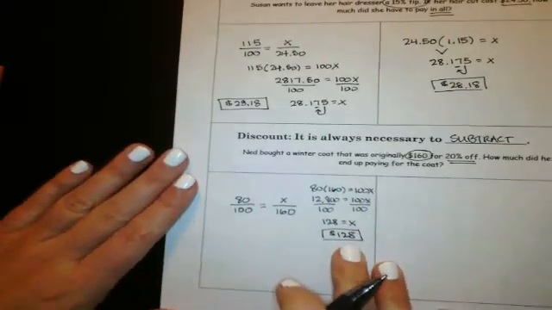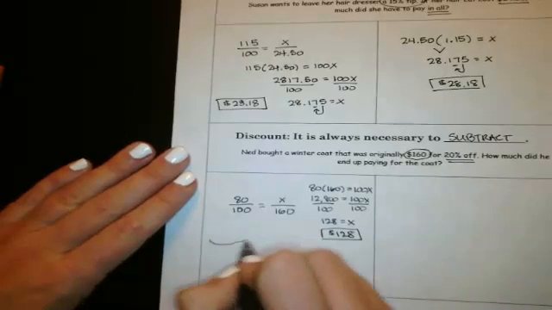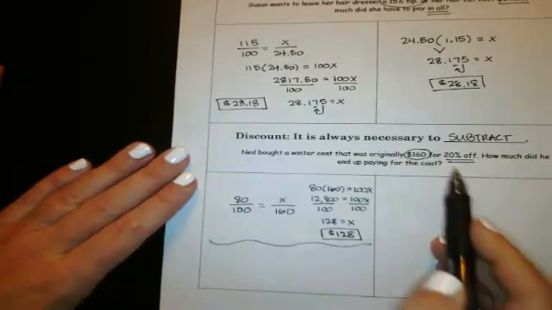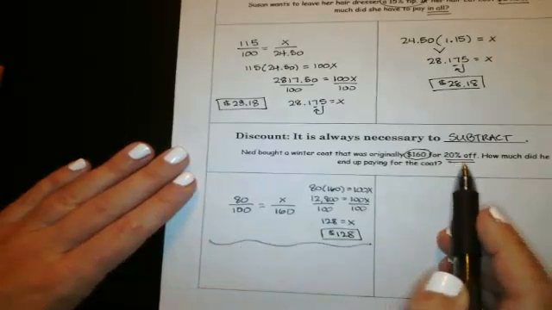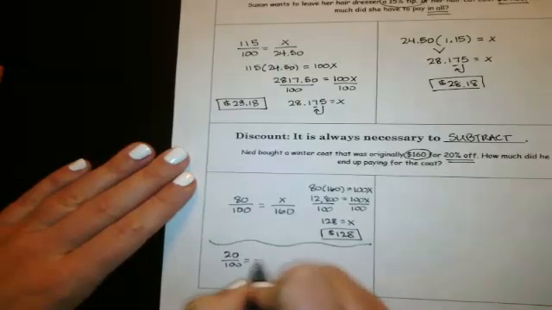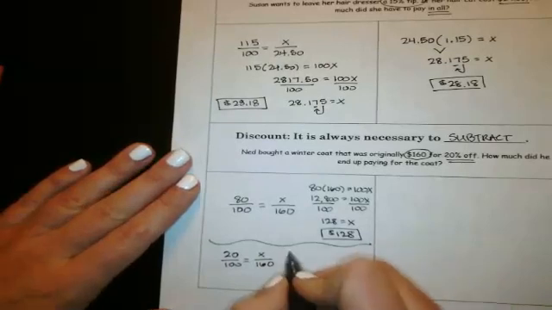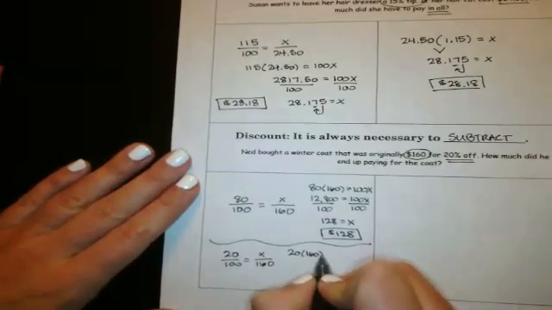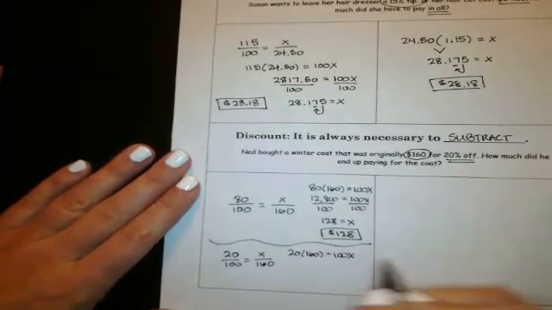Okay? Now, I'm going to show you how to do this a different way. If he has 20% off, then we could put the 20 here. Okay, we could do that. But when we cross multiply and divide, watch what happens.